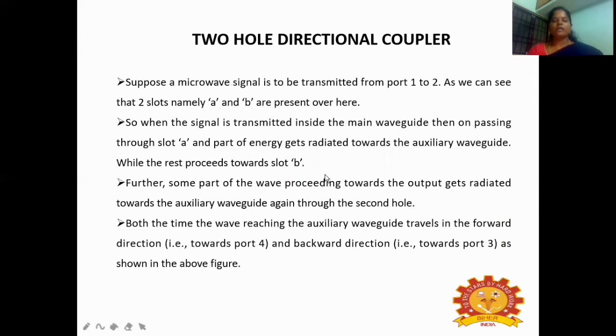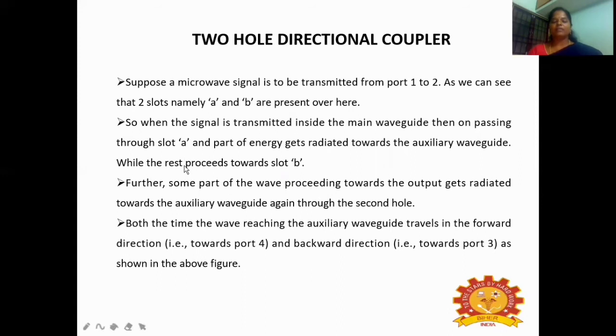We will see what happens when a microwave signal is transmitted from port 1 to port 2. When a microwave signal is transmitted from port 1 to port 2, two slots, namely A and B, are present here. When the signal is transmitted inside the main waveguide, on passing through slot A, a part of the energy gets radiated towards the auxiliary waveguide.